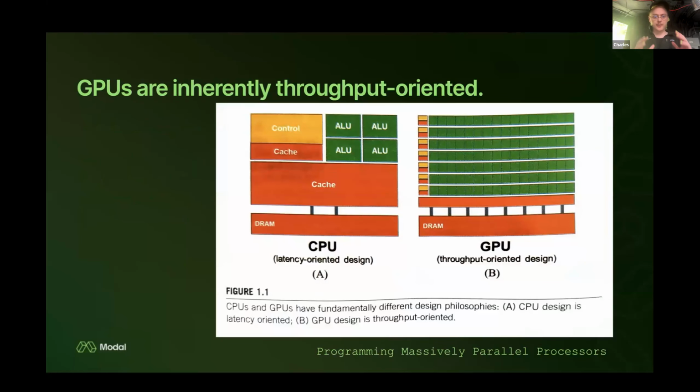Maybe the most important example of this, the most relevant one for people working on the things in this class, is that GPUs are a throughput-oriented design for a processor, where CPUs are a latency-oriented design. Substantial amounts of silicon area are devoted to caching and control flow, in red and orange on the left-hand side of this figure, and much less to operational throughput, which are the ALUs in green in the top right.